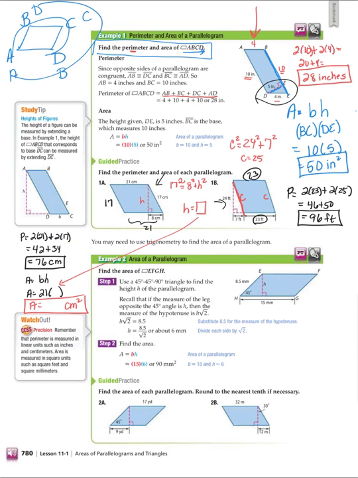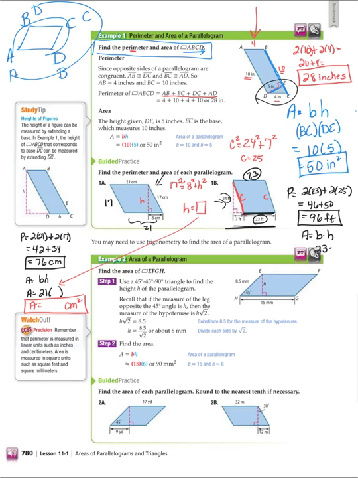Now the area, again, is the base times the height. The base is going to be the 23. Now look at this. The base is not 30. It's not this whole line. It's the base, a piece of the parallelogram that I'm using. So my base is 23.